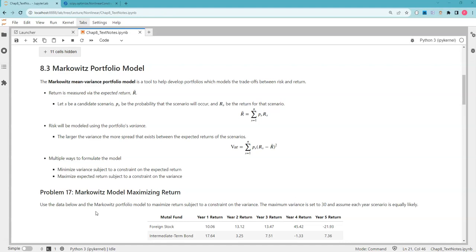And so the Markowitz model basically measures return as the expected return. Think of this as the expected value from your probability background, if you have one.